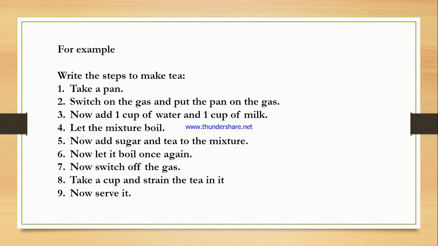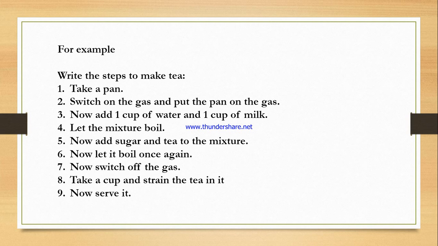Then you will serve the tea. So this step-by-step written process is known as algorithm. So this is the algorithm to make tea. These are the steps which you are following to make tea. This is known as algorithm.